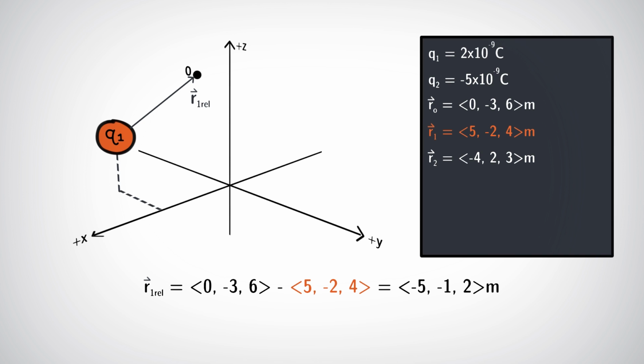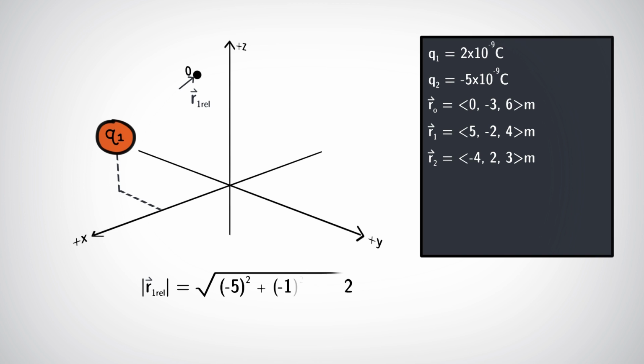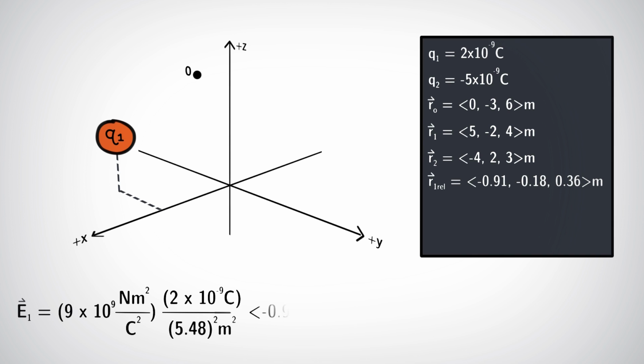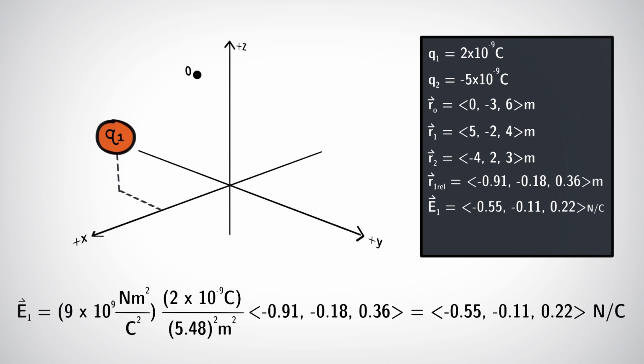We also need to compute the magnitude of R sub 1 rel and the unit vector R sub 1 rel hat. With those quantities in hand, we can now compute E1, the electric field at location O due to Q1.